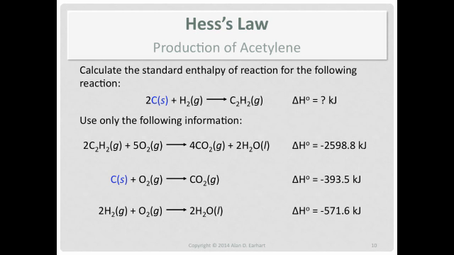It's in the middle equation. We need H2 gas. It's in the bottom equation. And we need acetylene. It's in the top equation. So you have to trust that the information's been given to you in such a way that it will allow you to solve the problem. So the things that we don't want, they will cancel out. And the things we do want will be there when we're done.